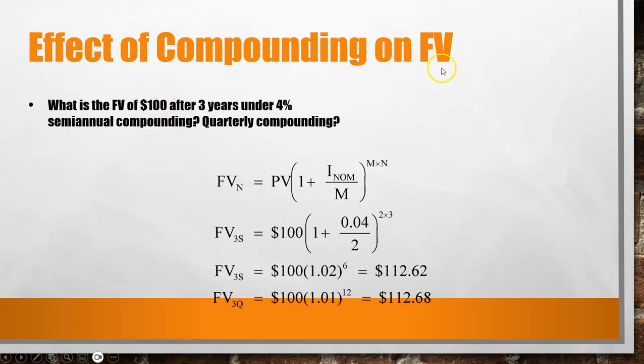So, effects of compounding on future value: what is the future value of $100 after 3 years under 4% semi-annual compounding or quarterly compounding? Semi-annual, quarterly. See the difference? I know it's only 6 cents, but imagine if that was $100,000 or $1,000,000. Huge difference starts to happen there.